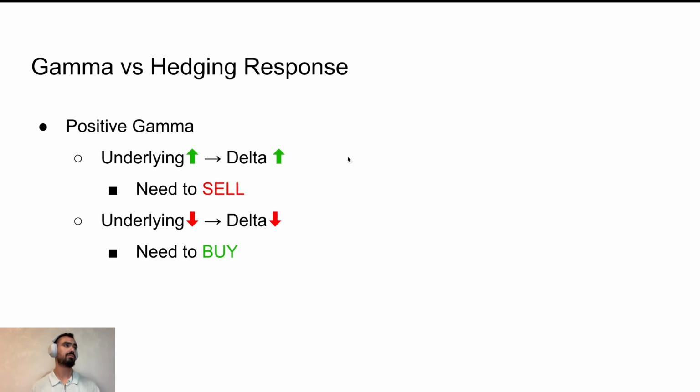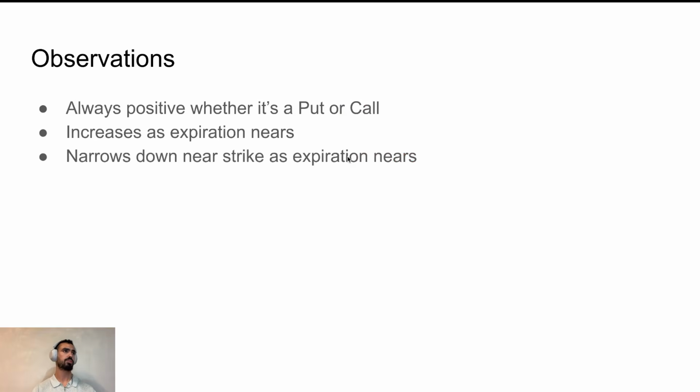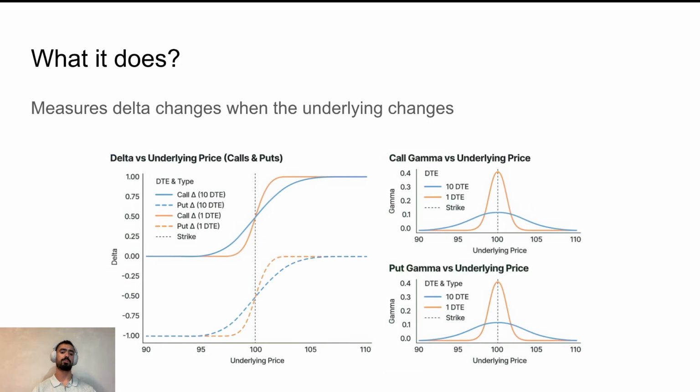So as a trader, we understand positive gamma. Market makers need to hedge, right? If the underlying price goes up, the delta goes up. Let's go back here. The underlying price is going up, let's say from 95 to 105. The delta is increasing. This is in a positive gamma environment.